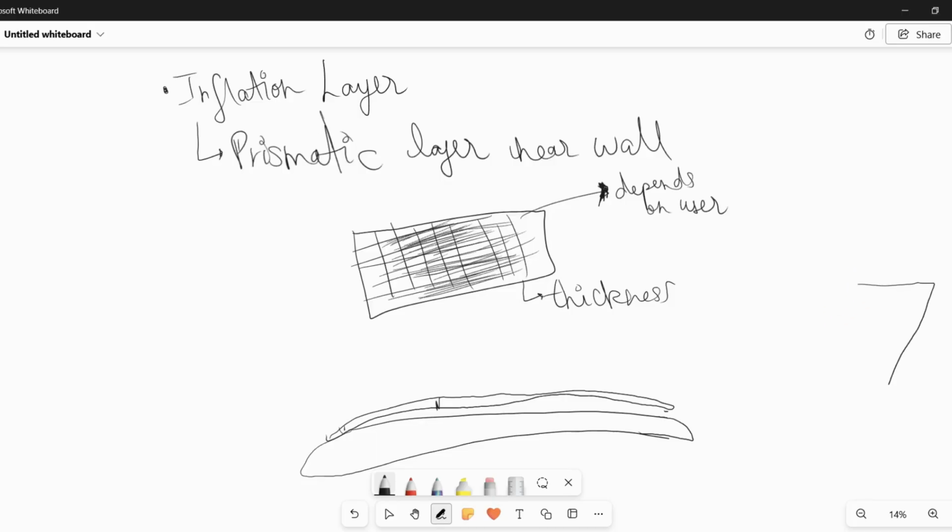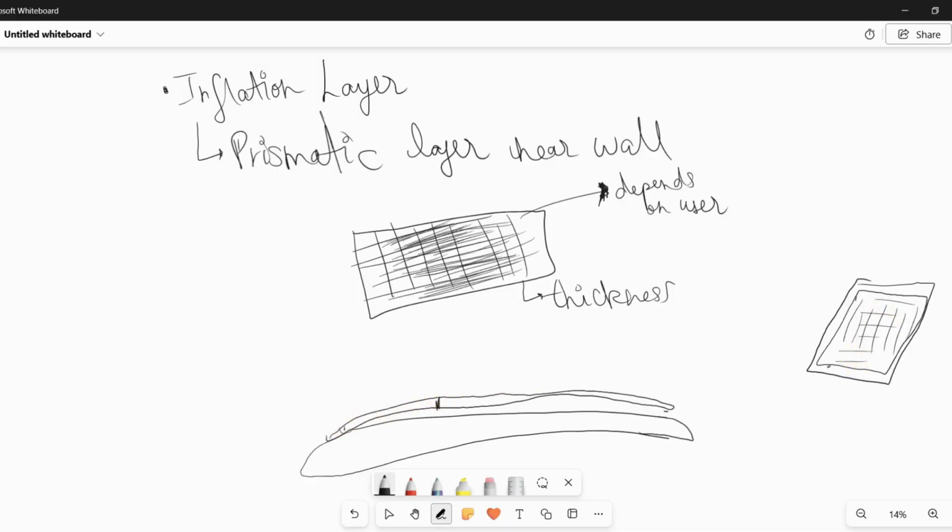I'll just take it in a different view. Suppose this is the surface you have to mesh, and you have put the graph paper on top of it. I'm just saying graph paper, but in reality, it's the inflation layer. You have put the inflation layer on top, and this has some thickness. This is the top view, and from the side view it looks like this, right?